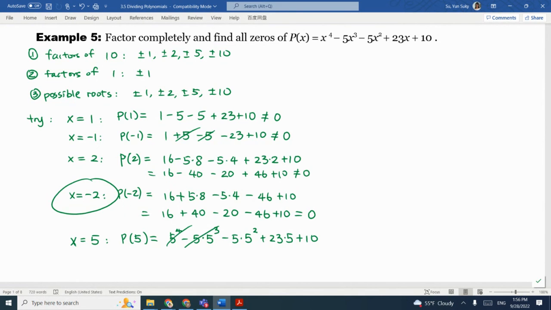And 5 squared is 25, so this is minus 5 times 25. But then 10 is 2 times 5. So when you combine the last two terms, it's actually 23 plus 2, and then times 5 is 25 times 5. So this is actually 0. Okay, everybody? We also get 0.